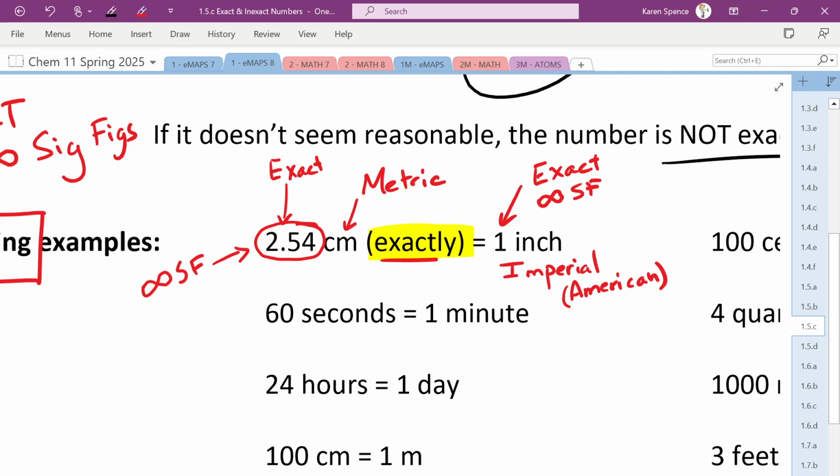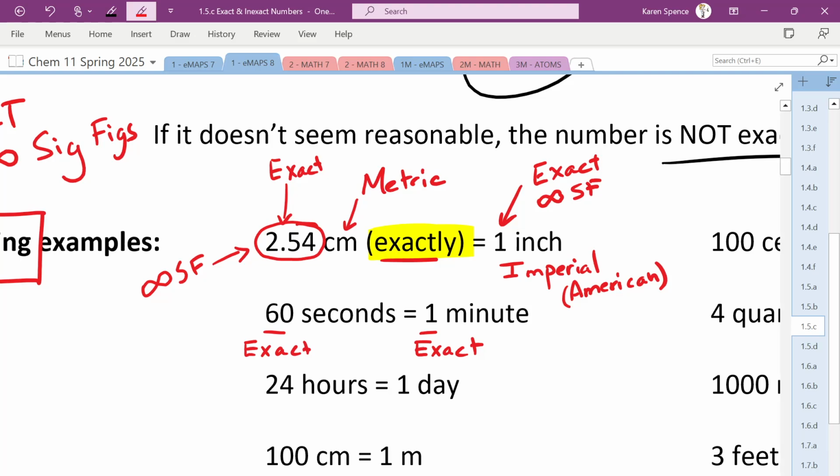Exactly, okay? So you should just know that these are exact. Are there approximately 24 hours in a day or exactly 24 hours in a day? Yes?